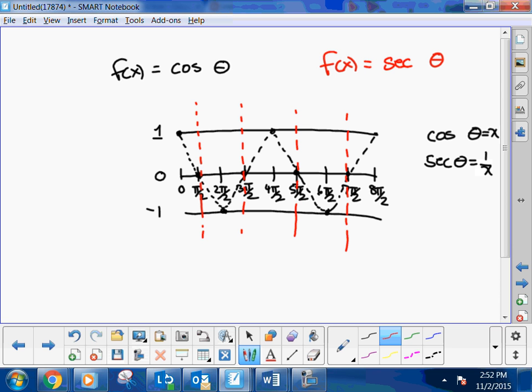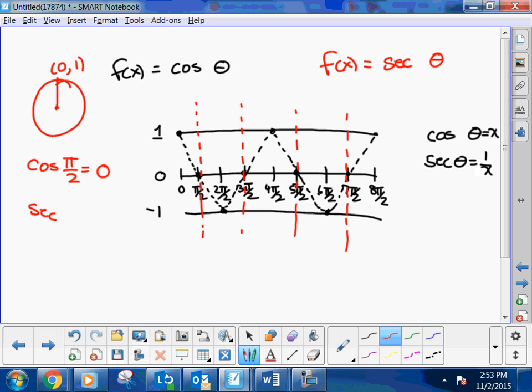Those happen because if I take the cosine of pi over 2, which is at 90 degrees, which is this value here, and you know how this value is 0 and 1? The cosine is the x value, which means it's 0. When I try to take the secant, though, that's not the reason I put an asymptote.